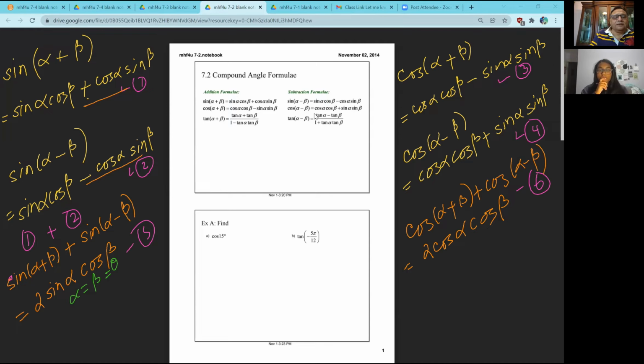Substitute this in one, in my first equation itself. Is it okay? Let me do it. So sine alpha plus beta becomes sine theta plus theta, equals sine theta cos theta plus cos theta sine theta. Both are same terms, right?